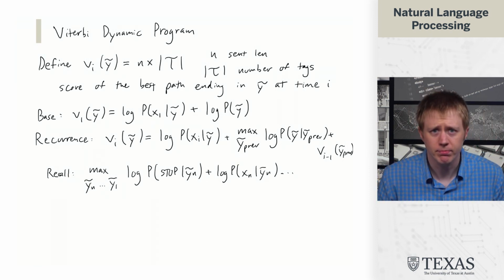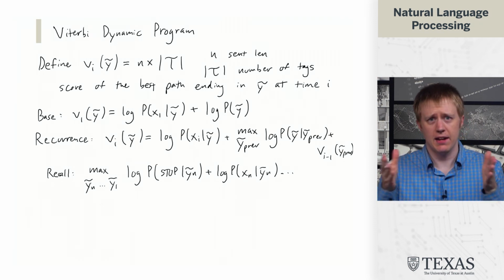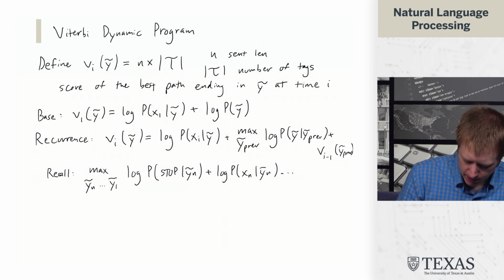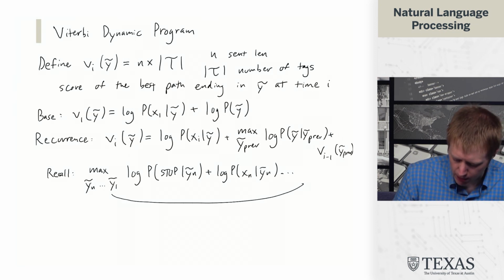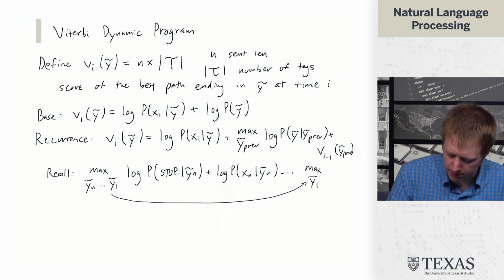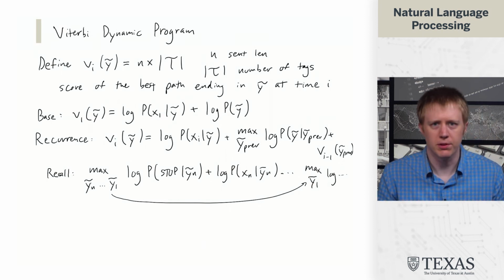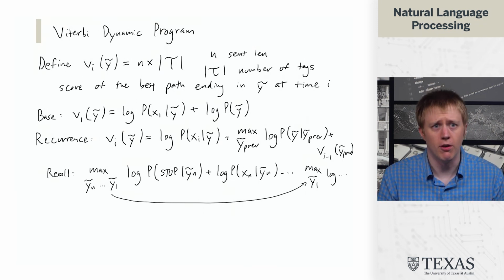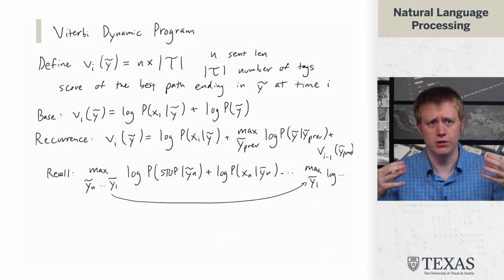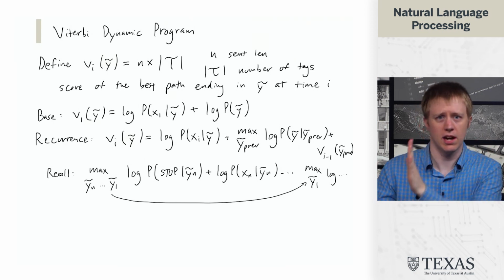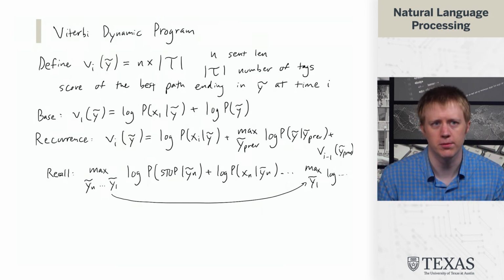If you just look at this sequence of terms, which I'm not going to write out, it turns out you can move the max over y twiddle 1 basically all the way over to the beginning. And you just end up with those first couple terms involving y1 here. And so it very naturally emerges from just looking at what happens when you apply these maxes to this sequence. You can commute the maxes past all the terms that don't involve them.